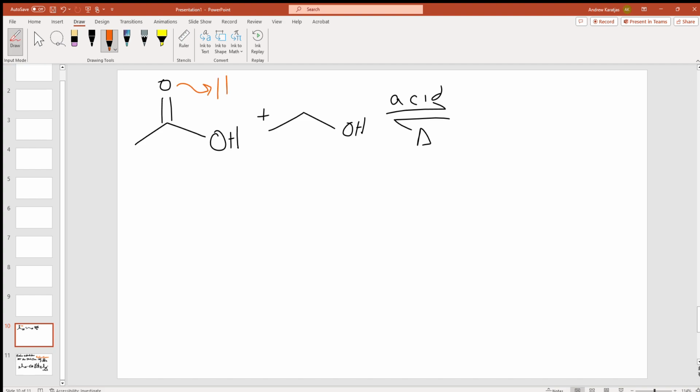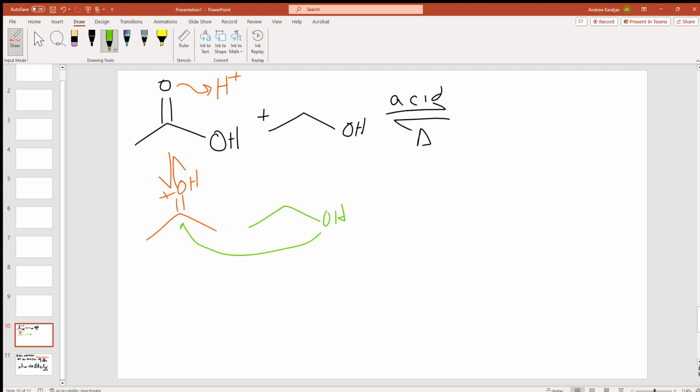And as with many reactions of carbonyls, where you have an acid catalyst, that acid catalyst is there to activate your carbonyl. So the carbonyl gets protonated, and that's going to make it a better electrophile. And we need the better electrophile because our nucleophile here, an alcohol, is a pretty mediocre nucleophile.